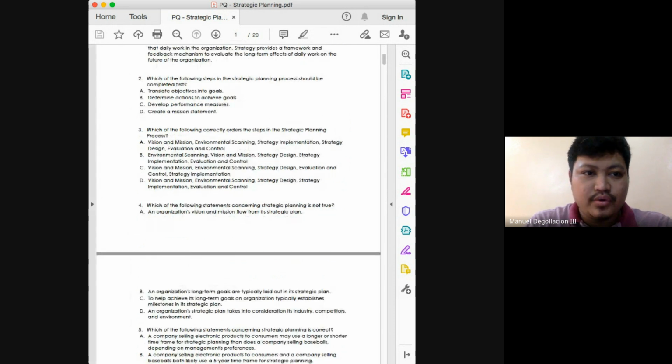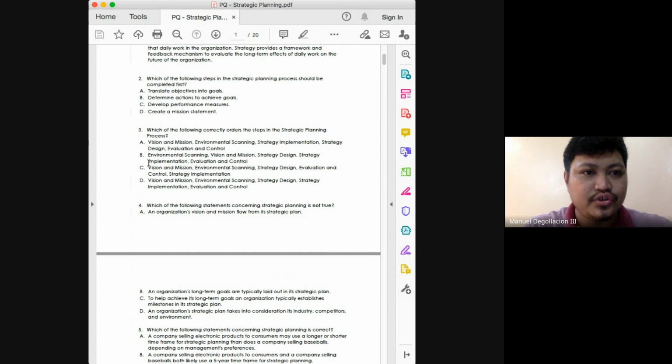Next, which of the following steps in the strategic planning process should be completed first? So out of the four choices, the answer here would be letter D also, which is to create a mission statement. As we will see in question number three, the first step of the strategic planning process will involve the establishment or creation of the company's vision and mission.